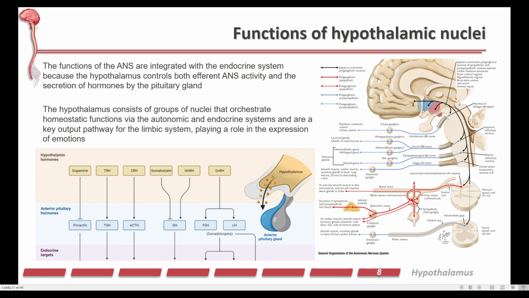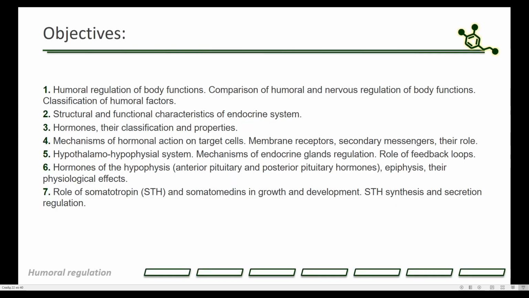As such, the hypothalamus controls most homeostatic functions either through the ANS or through the endocrine system, because it has various output pathways, and that plays a huge role in maintenance of homeostasis and regulation of the functions of visceral organs.